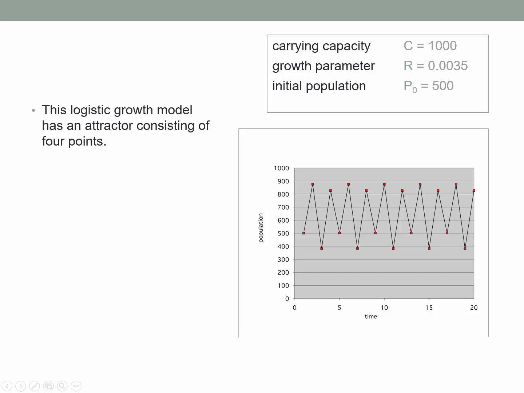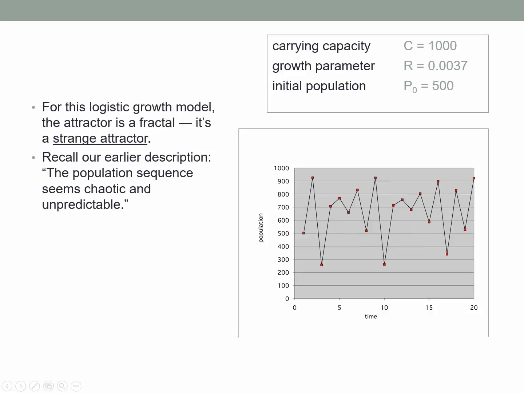All right, let's increase the growth parameter even more and ask ourselves, what could we expect to have happen? And amazingly, all of a sudden, when we reach a value about 0.0037, we see this rather chaotic and unpredictable pattern. Now, it's actually not totally unpredictable.